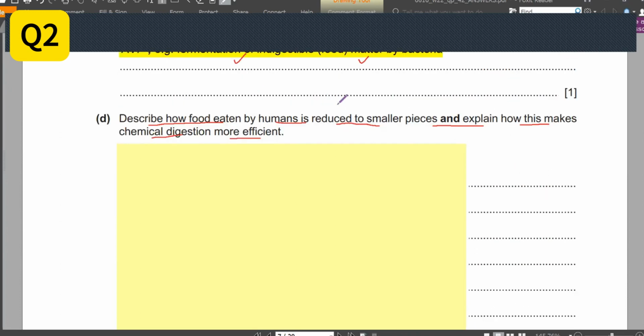So essentially here we are talking about physical digestion, or mechanical digestion. Our main objective is just to turn the food particles into smaller pieces to increase the surface area for the upcoming chemical digestion.